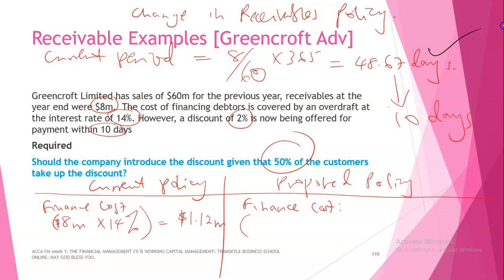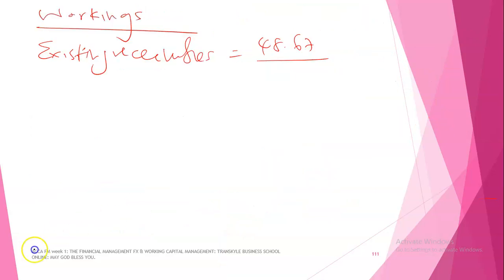So 48.67 days, and in a year we have got 365 days. We then have to multiply that by 60 million, which is the total sales. However, of these, only 50% are taking the discount, 50% are not taking.